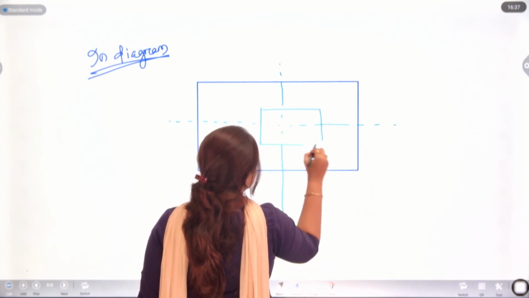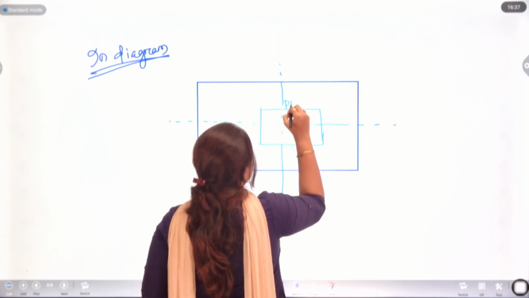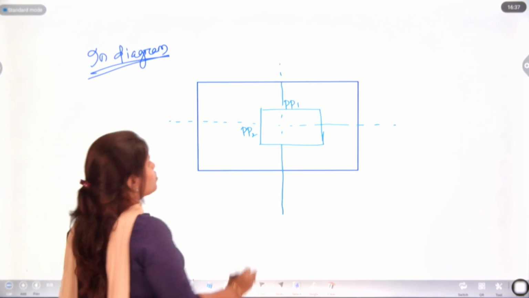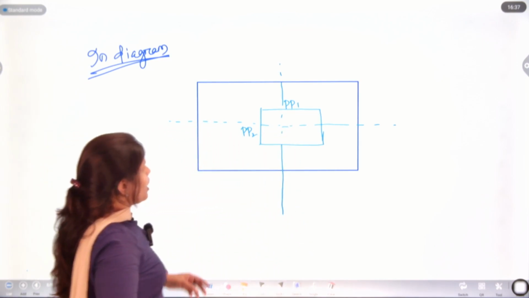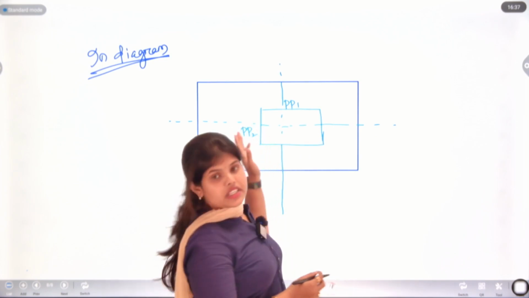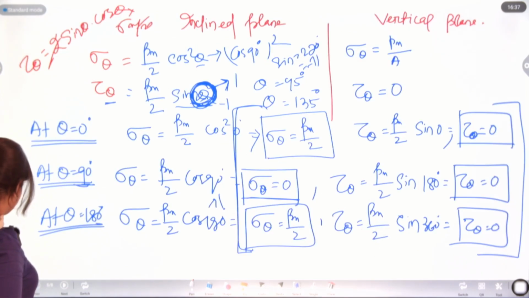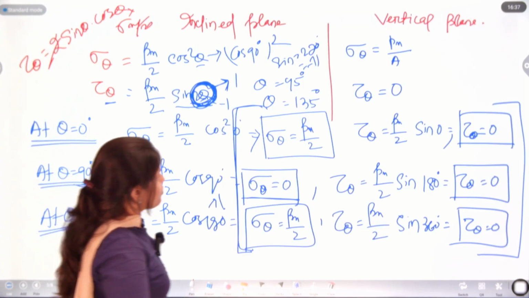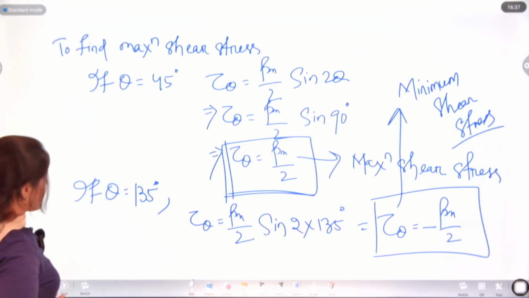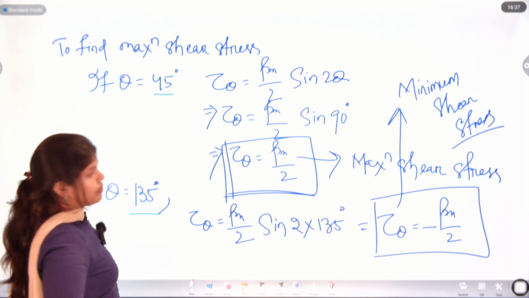So, this will be our principal planes. Here PP1 and here you can take PP2. Why principal plane 1 and principal plane 2? Because the shear stress is 0. Here you can see we have the tau values 0, but tau value is maximum and minimum in case of angle 45 degree and 135 degree.